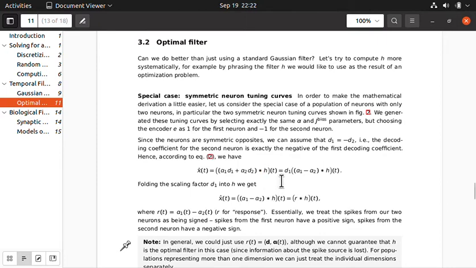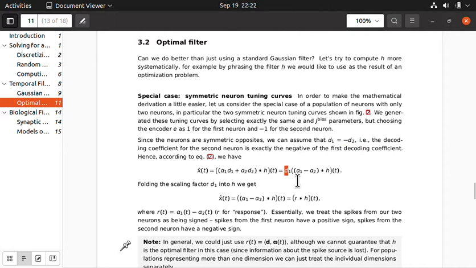In the special case we're going to use to simplify things, the 2 neurons are opposites of each other, so let's simplify our math a little bit and assume that they have opposite decoders, which they should, just by symmetry.